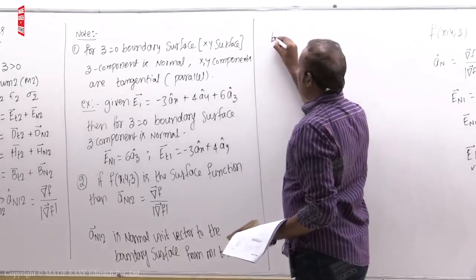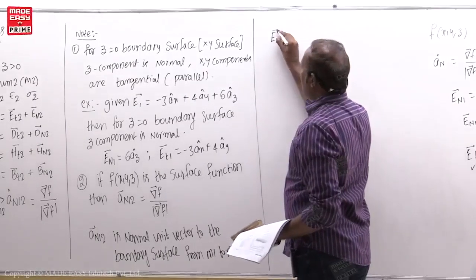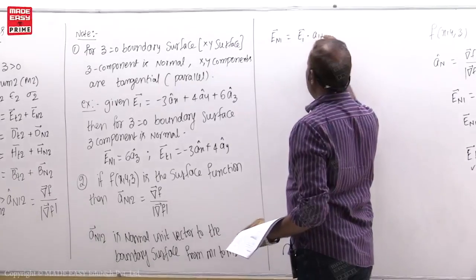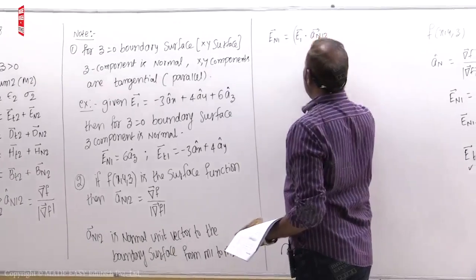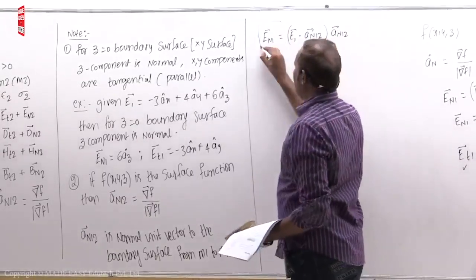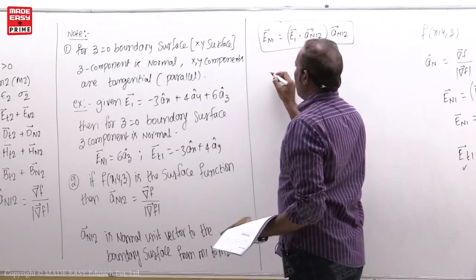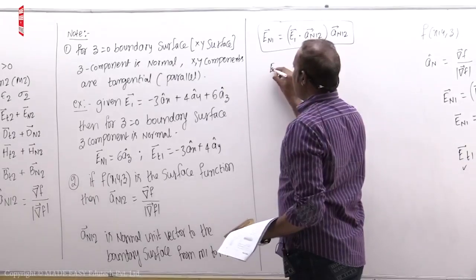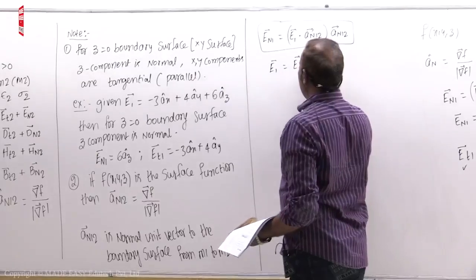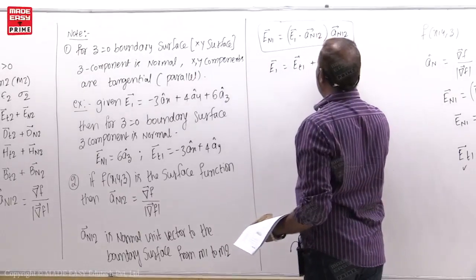Now En1 bar is equal to E1 bar dot an12, times an12. Now E1 bar is equal to Et1 bar plus En1 bar.